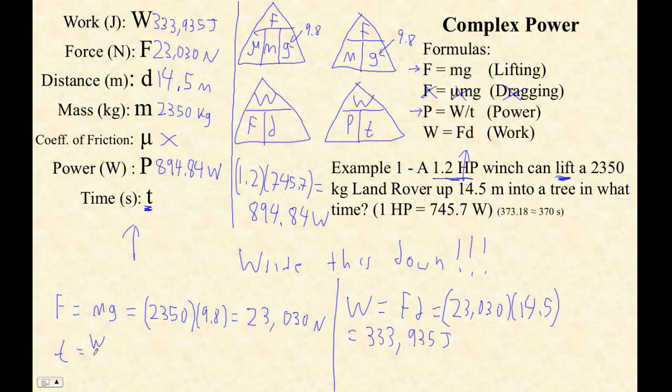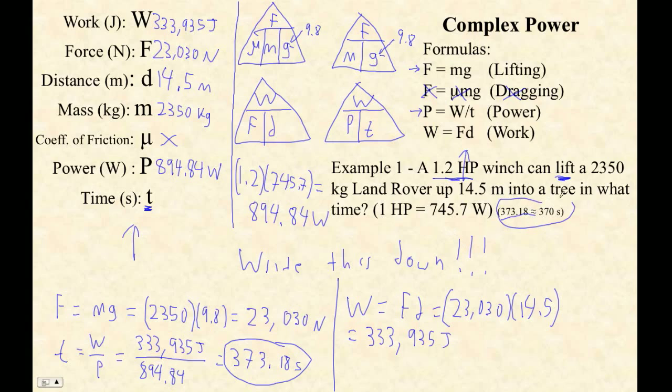So time is 333,935 joules divided by the power, 894.84, and I get 373.18 seconds, which is what I got before. Yay!